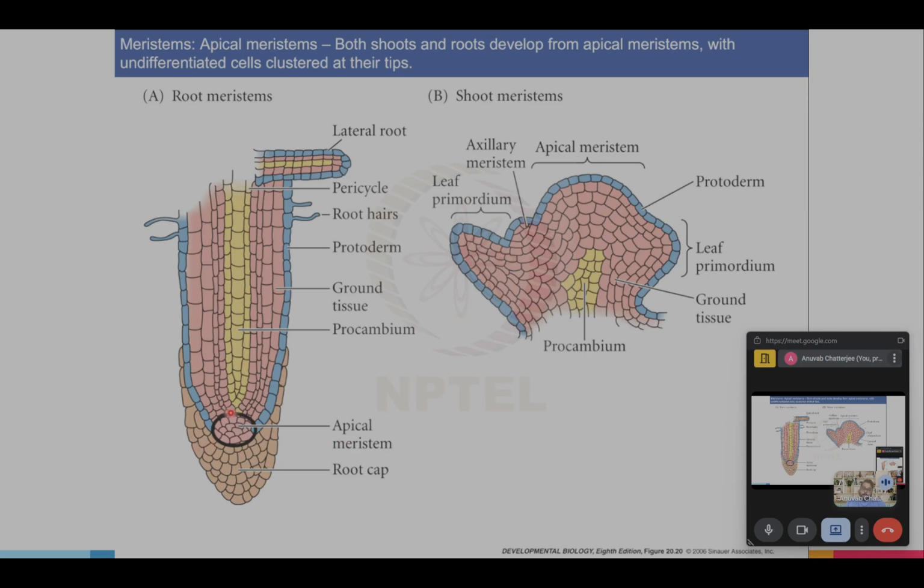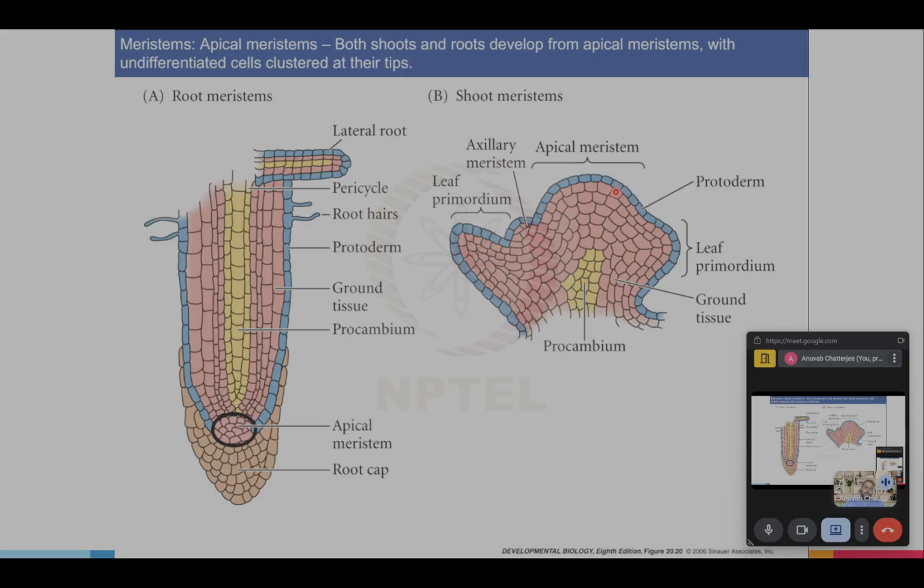And there is this part just above it, which is known as the apical meristem, and this is a source of stem cells that keep on making more and more cells to contribute towards the root cap. Since they are stem cells, they do it as long as required to form more and more cells to form the root cap, which then fall away, and then more cells are added.